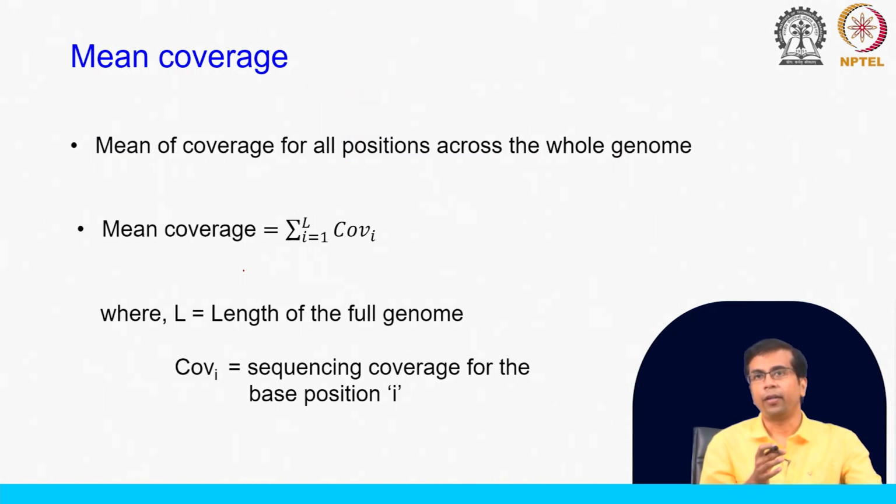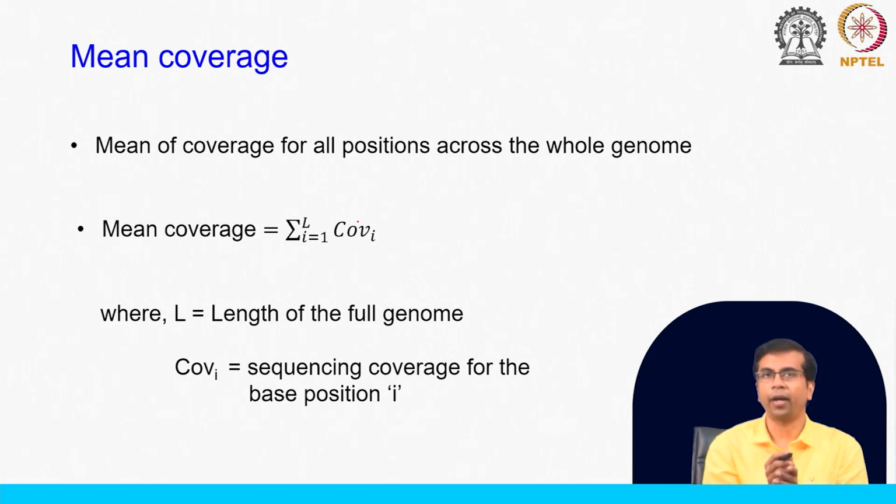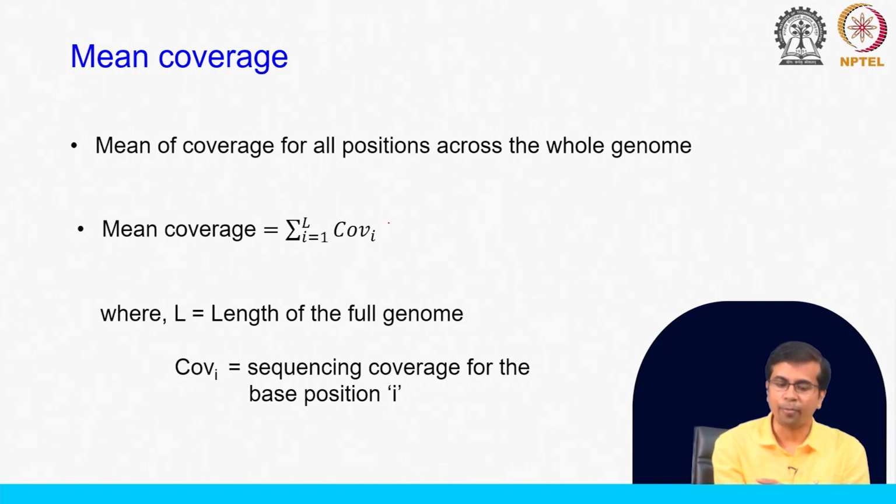Now, there is another term which is called the mean coverage. This is the mean of coverage for all positions across the whole genome. If you take the coverage value for each position of the genome and average, that will give you the mean coverage. Here is the mean coverage formula. This is the coverage_i summed over i equals 1 to L, and then of course, you have to divide by the length of the genome.